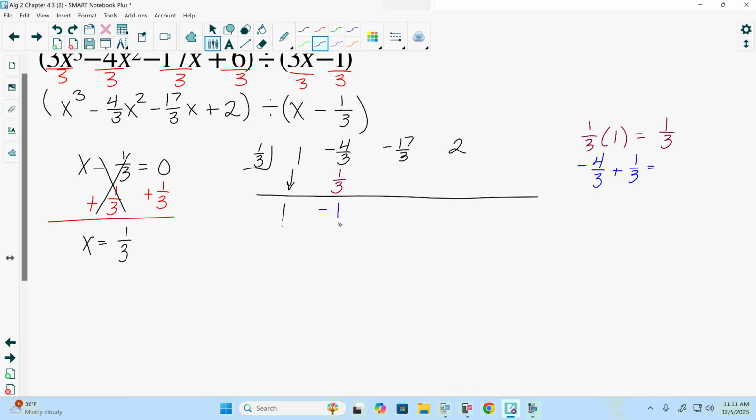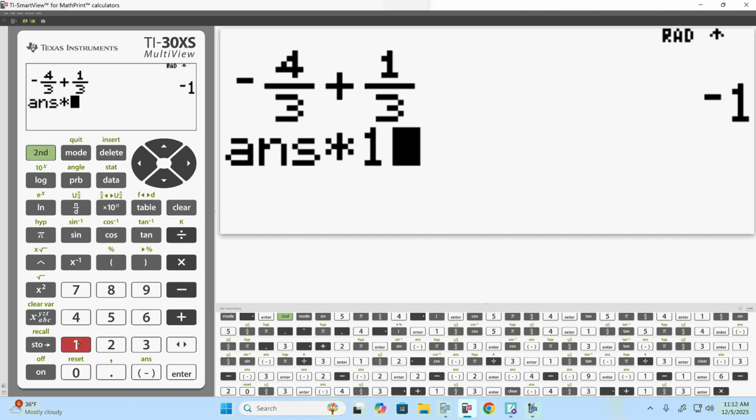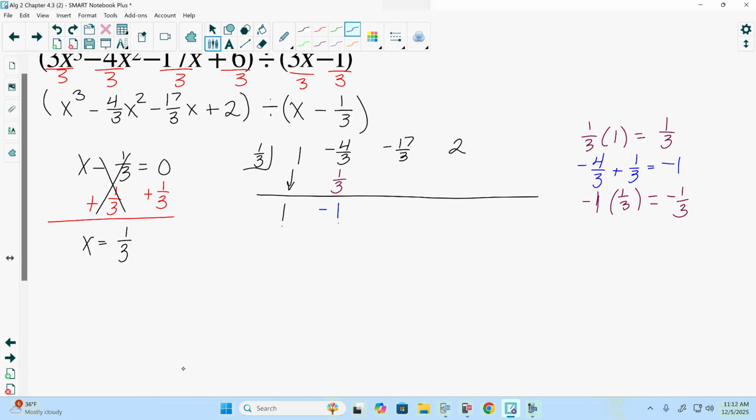Then our next step is going to multiply negative 1 by 1/3. I know I wrote it flipped. It would be negative 1/3. And really, I can grab the calculator if I had it handy and just say times 1/3, which is indeed negative 1/3.